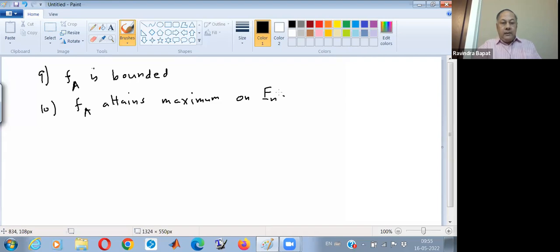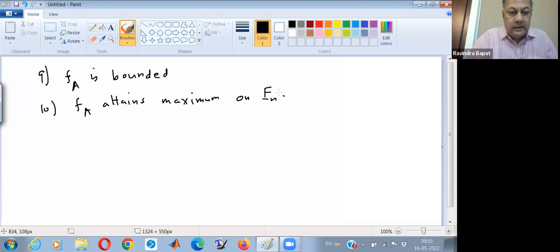But how do you know that the maximum is not on the boundary? That is why this requires a proof. There are examples where f_A may not be continuous on the boundary. There's a simple 3x3 example, but I'll omit that.